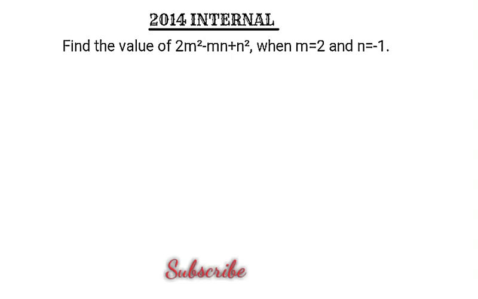This is the second question from the 2014 internal paper, which was find the value of 2m squared minus mn plus n squared when m is equal to 2 and n is equal to negative 1.